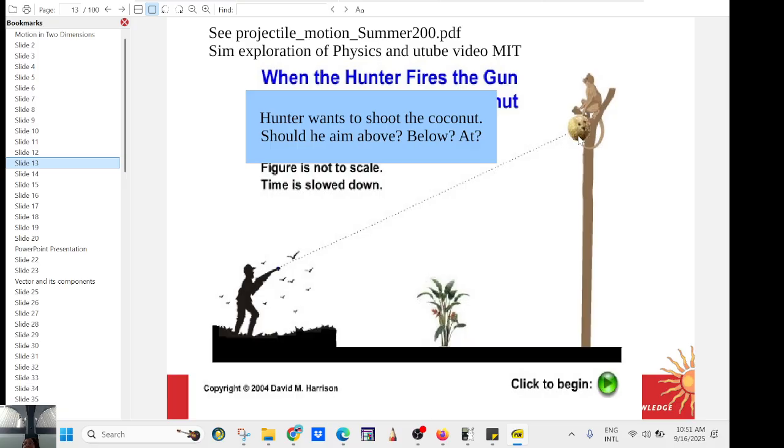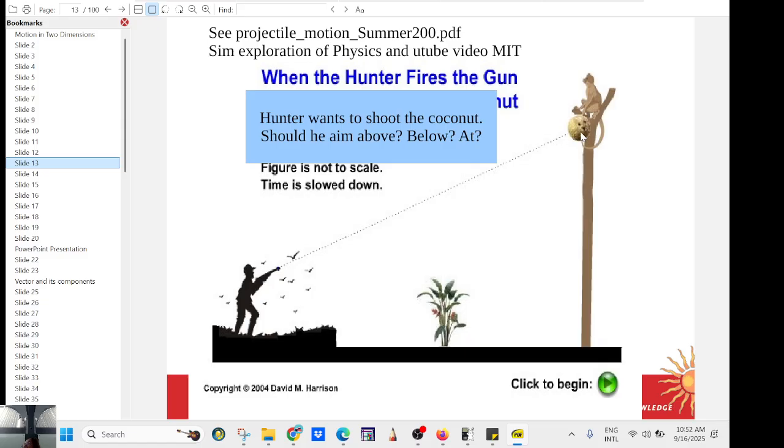Do you understand? So the projectile is leaving the rifle at the same time as the monkey is letting go of the coconut. So they are both falling. Do you agree? We neglect air resistance. So the projectile is falling and the coconut is falling. If you want to hit the coconut, do you aim above the coconut, at the coconut, or below the coconut?